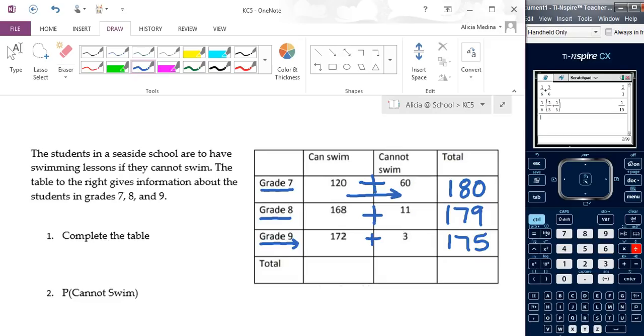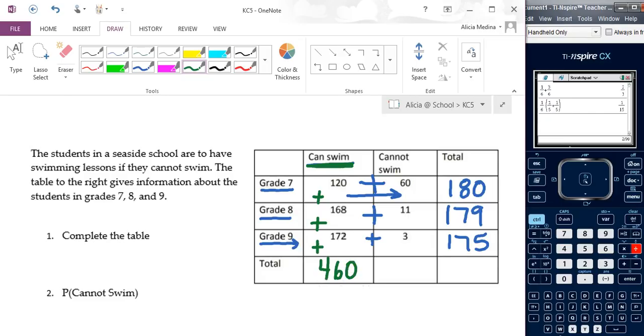Okay, so from there, I want to also add all of my columns. When I am adding people that can swim, I'm going to be combining the people in 7th grade, 8th grade, and 9th grade. So when I add 120 plus 168 plus 172, I'm going to get a total of 460.